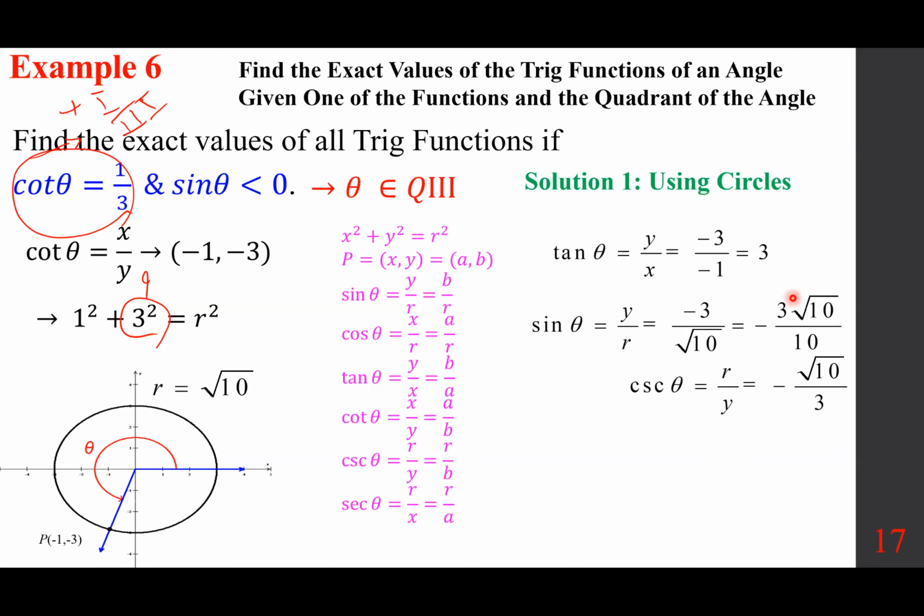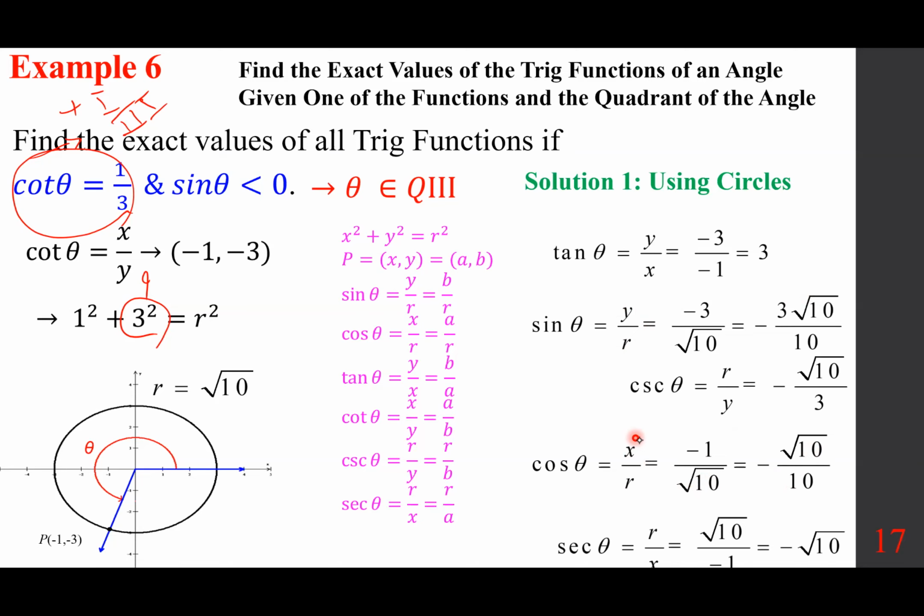I'm going to assume everybody can do the math. It's pretty simple algebra. Cosine is x over r, and we go through the process. And now secant is r over x, or the reciprocal.